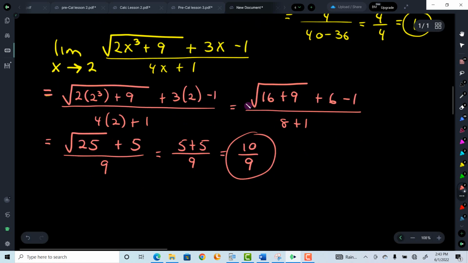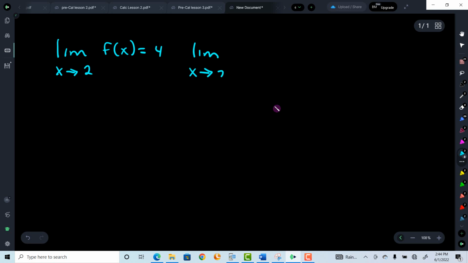Okay, let's move on to a little more challenging. So let's say that the limit as x approaches 2 of f of x is equal to 4, and the limit as x approaches 2 of g of x is equal to 5, and the limit as x approaches 2 of h of x is equal to 8.